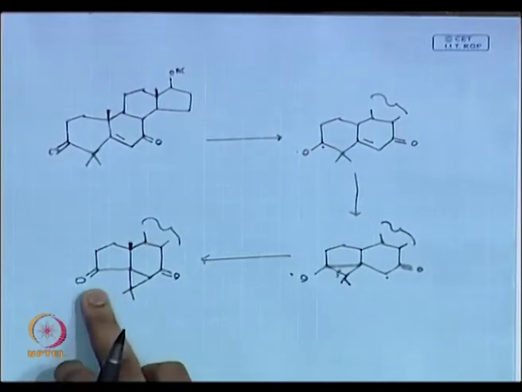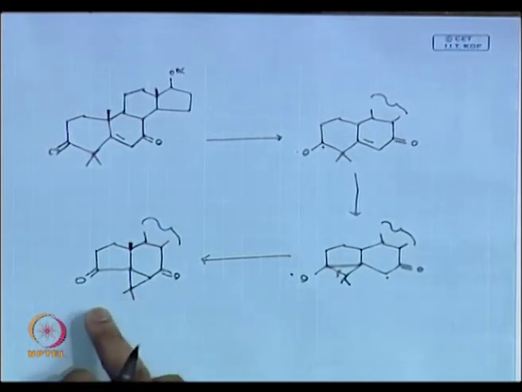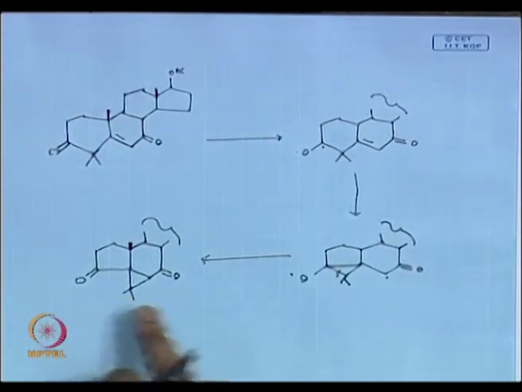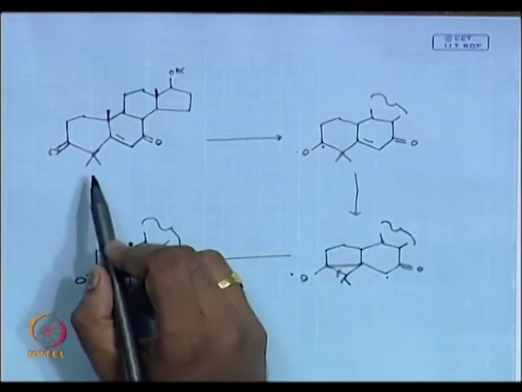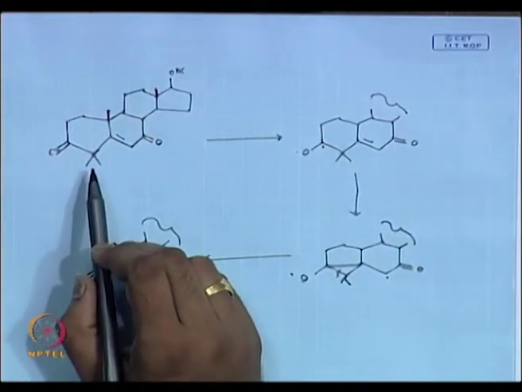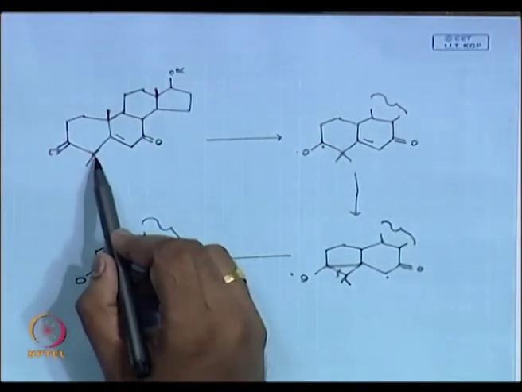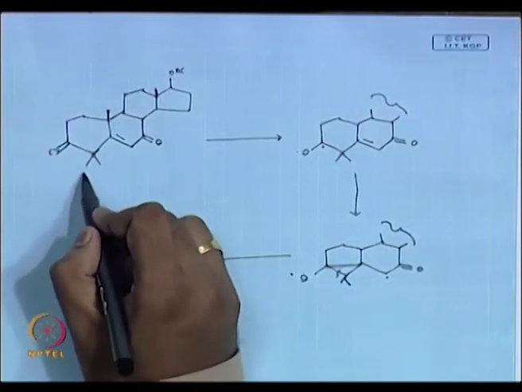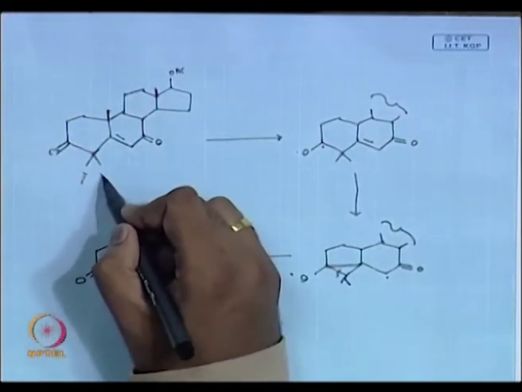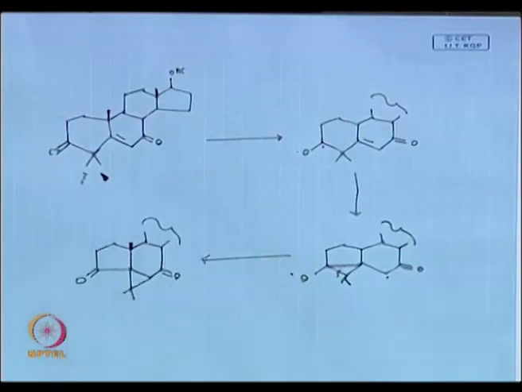So you get a 5-membered and a 6-membered one. Here I have not fixed your stereochemistry. If I fix the stereochemistry of your methyl like this, then things become a little bit more interesting.